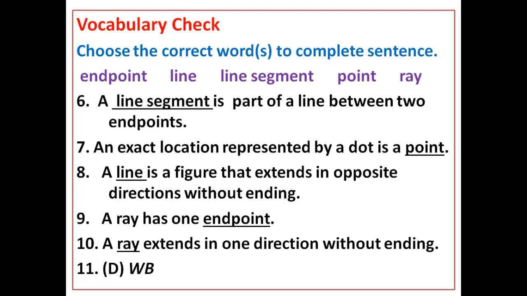Now come to number 6. A line segment is a part of a line between two endpoints. In the given blank we will write line segment. Number 7. The exact location represented by a dot is a point. The blank of number 7 is point.